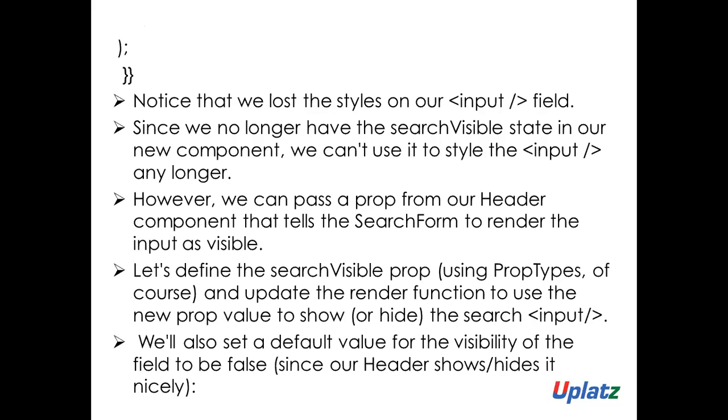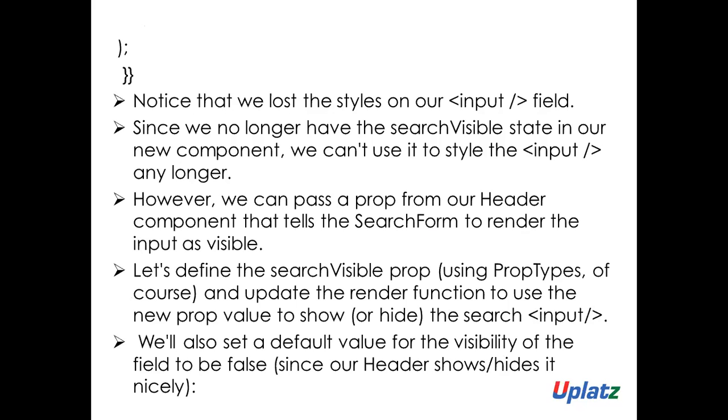We no longer have a searchVisible state in our new component, so we can't use that. For that, we can pass props from our header component, and then we need to tell the new component which we have created, the search form, to render the input as visible.